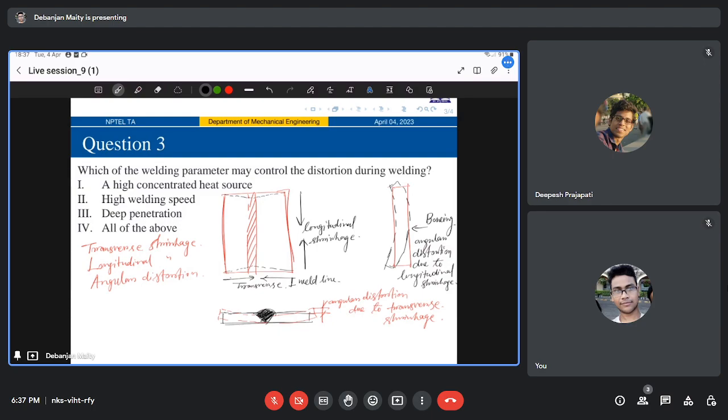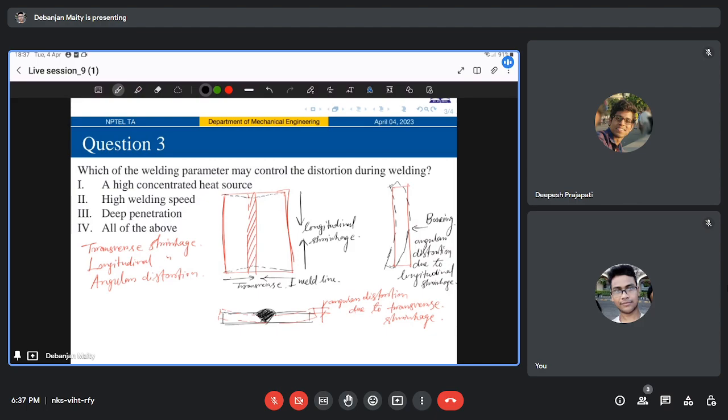If you think of transverse shrinkage in butt welds, it is uniform along the weld line, except as altered by through thickness effects or variation in restraint from other welds. There can be restraint from other welds also. Until that is there, the transverse shrinkage in a butt weld is always uniform along the weld line, right?